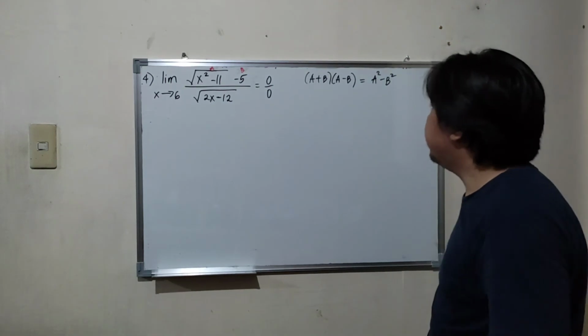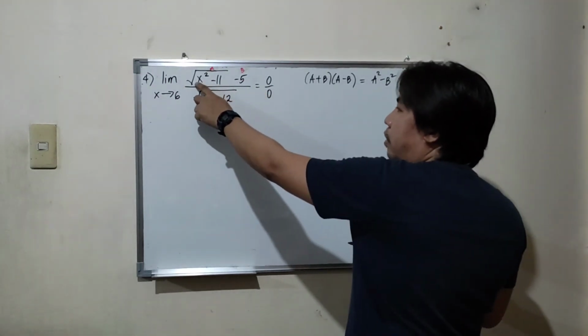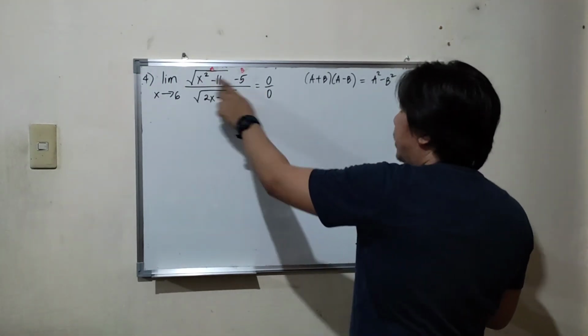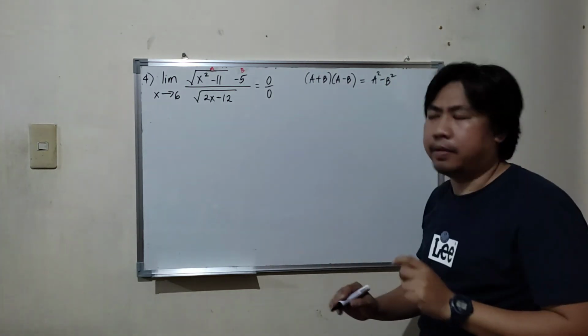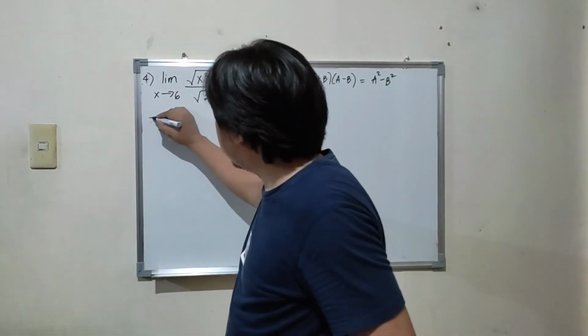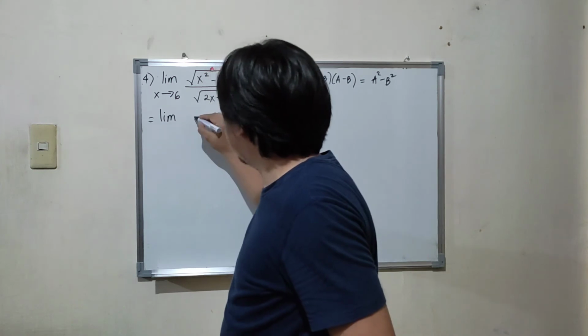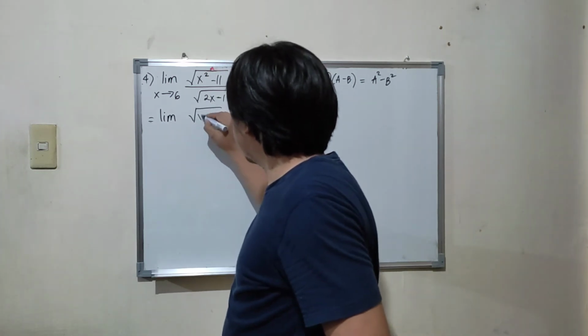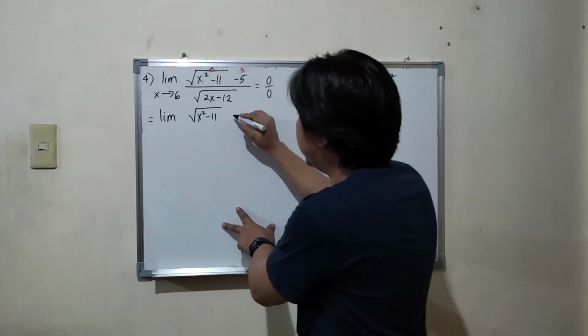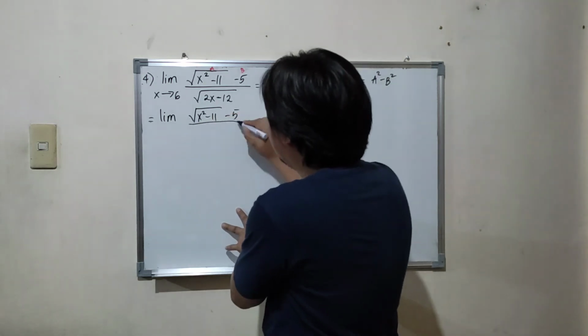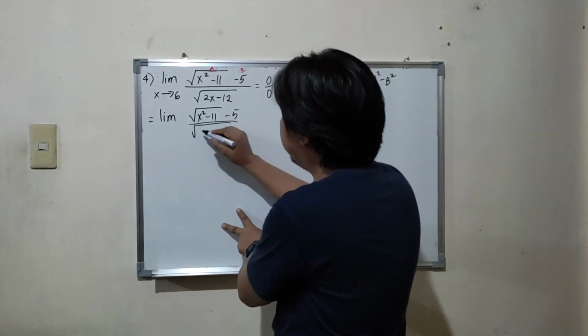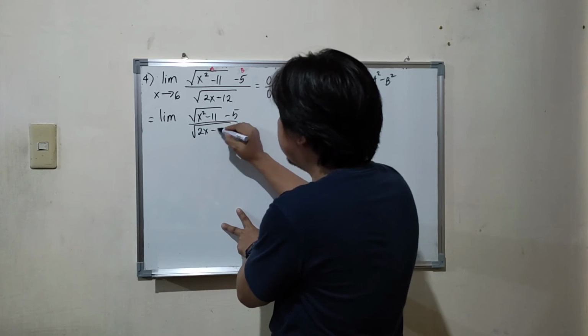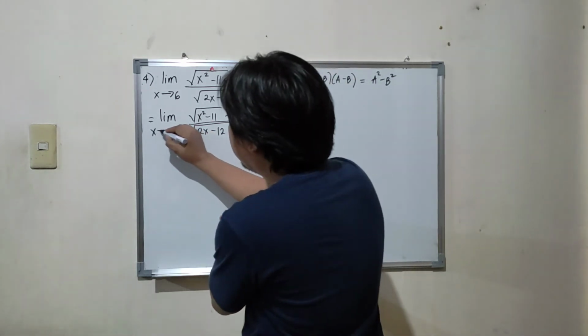So we have a as the square root of x squared minus 11 and b as negative 5. So we multiply both the numerator and denominator by the square root of x squared minus 11, minus 5, all over the square root of 2x minus 12, as x approaches 6.